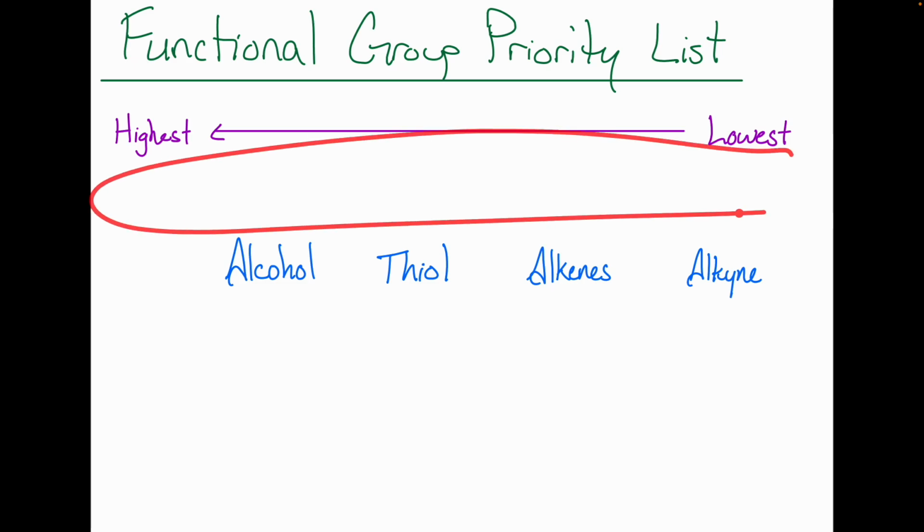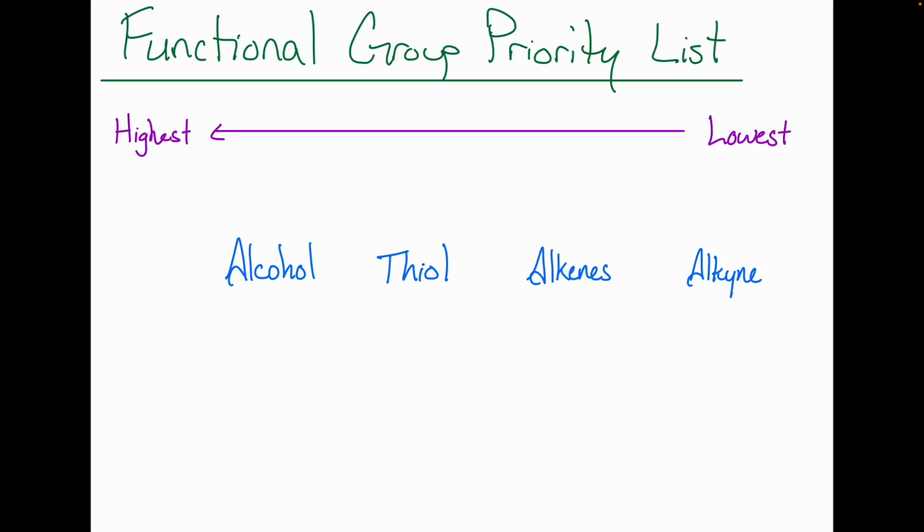All right, I'm going to leave some room up here for these 2 things. First of all, what we've talked about before is referring to these functional groups by their suffix. So for alcohols, that was that OL ending. For thiols, that was thiol. For alkenes, that was ene, E-N-E or E-N.